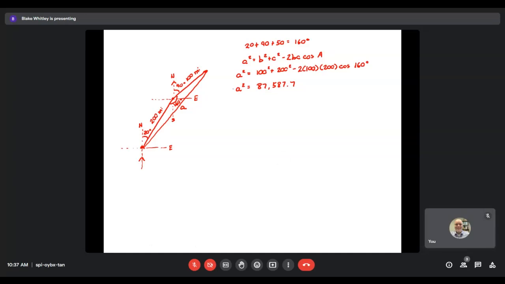Now we take our square root, and that tells us that A should be 295. Actually, rounding to one decimal place gives us 296.0. And as always, if we have units, we want to include them here. All of our distances are measured in miles, so this distance should also be in miles. So we have a distance of 296 miles from his starting location to where he landed.